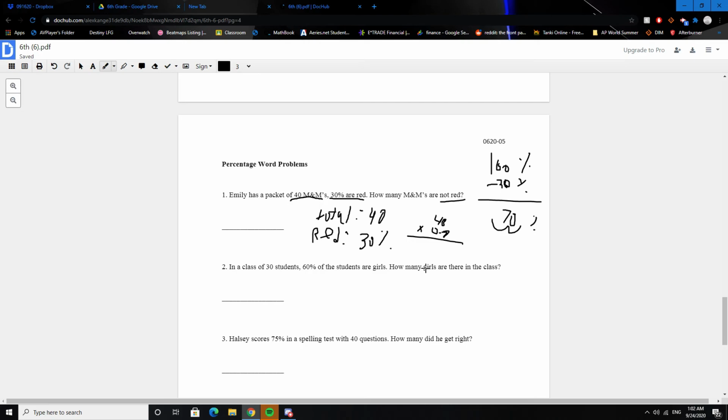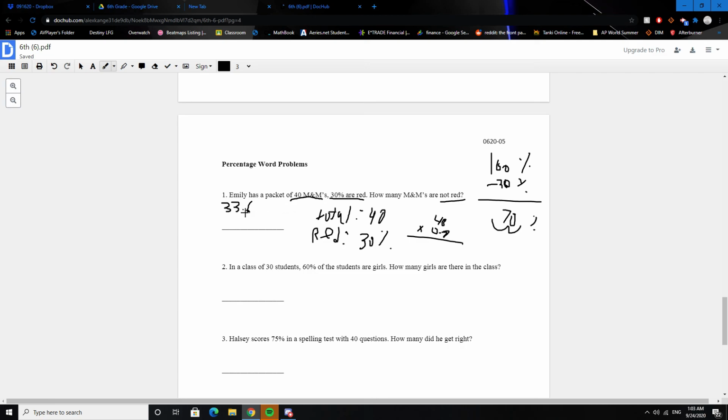The answer for this is 33.6. This is a realistic problem, so you would want to make sure that you only have whole numbers. You don't want to round up because it's a realistic scenario.